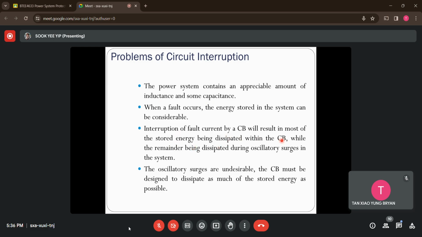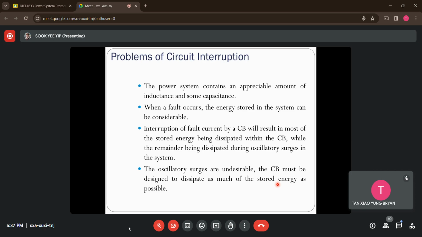But we might have remainders right now, and these remainders will actually dissipate through the auxiliary surge within the power system, which is not desired. So with such a case, we have to design a circuit breaker that can able to dissipate this energy that's being stored here as much as possible.